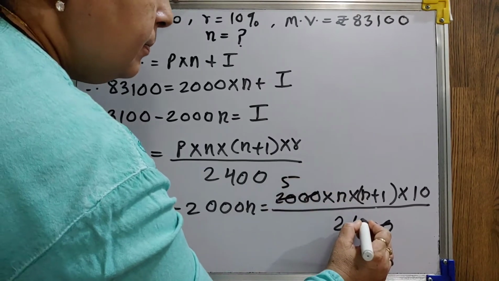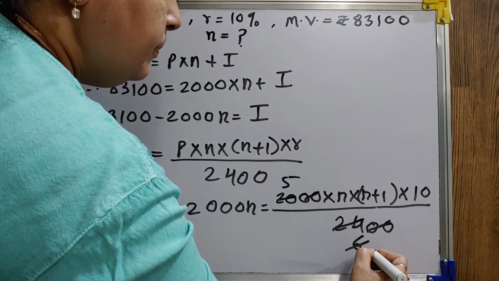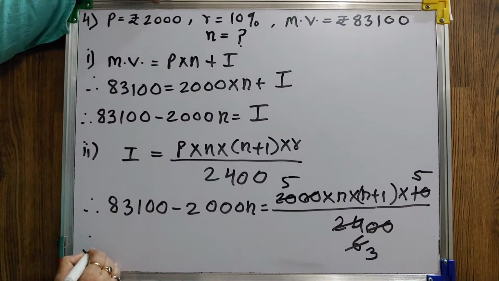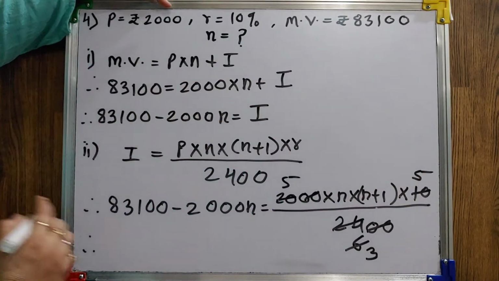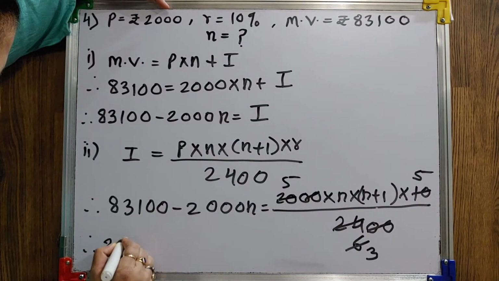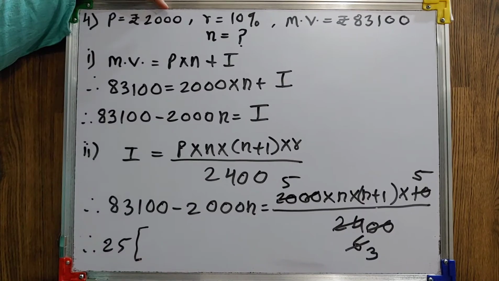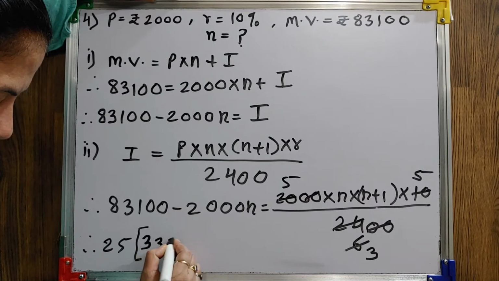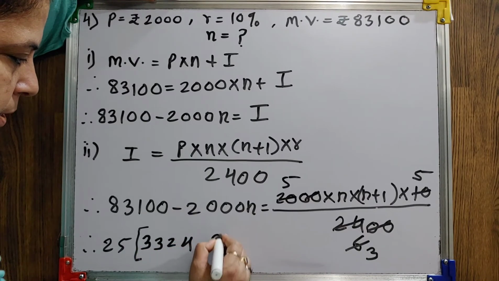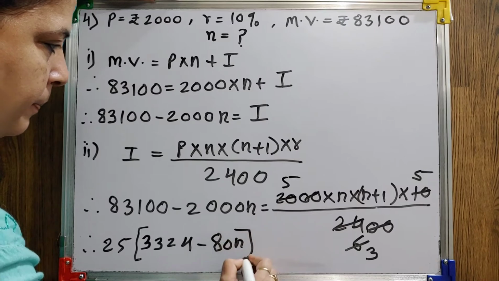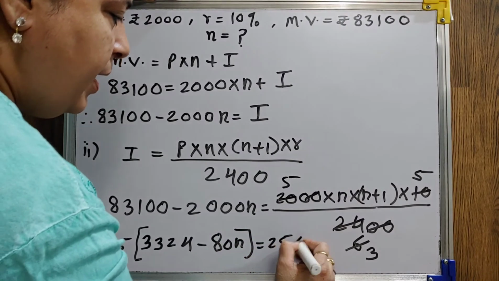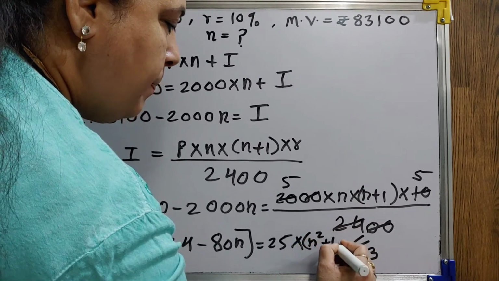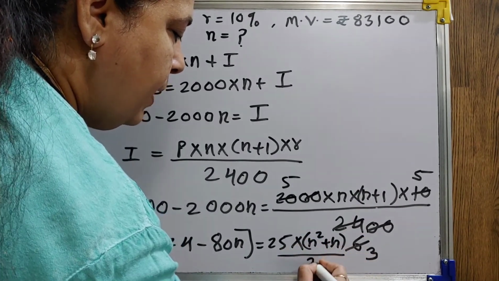Now here you got 5 into 5, 25. Here you take 25 common. When you take 25 common, you will get 3324 minus 80n, and that's at 25 into n. When you multiply, it will be n square plus n divided by 3.